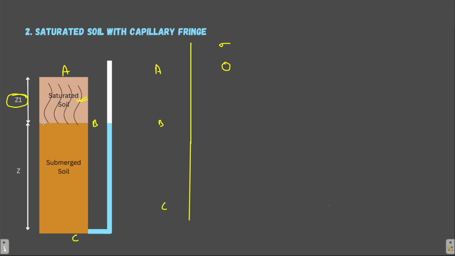So the total stress acting at this point is gamma saturated of the soil into height Z1, right? And at point C, what is the total stress acting? It is the saturated weight of the soil, and the height is Z plus Z1, right? This is the total height. So Z plus Z1 will give you the total stress at point C.